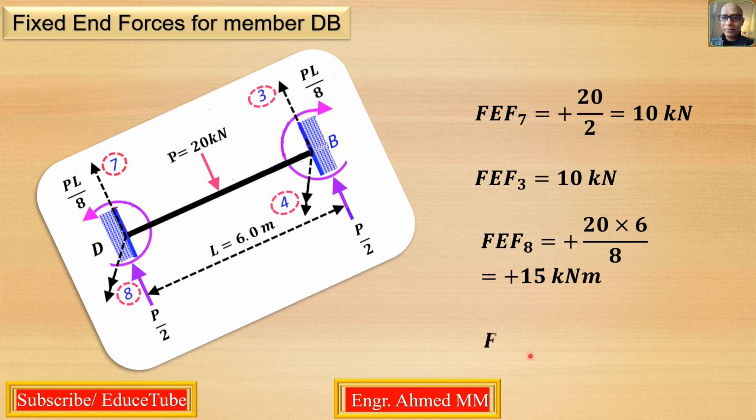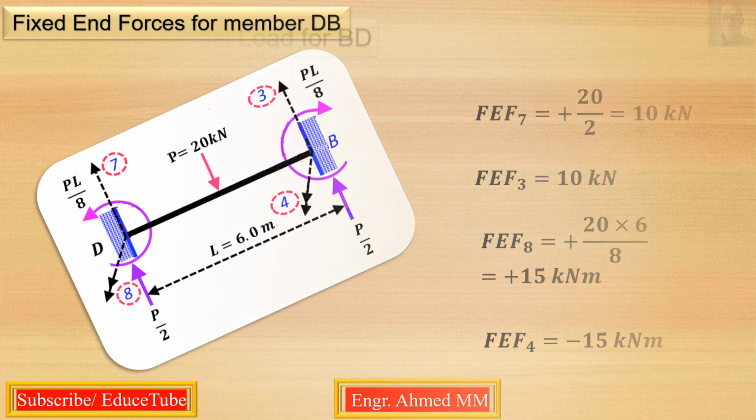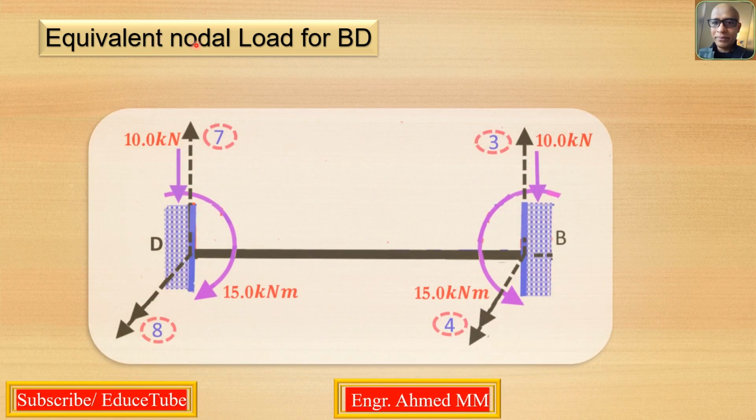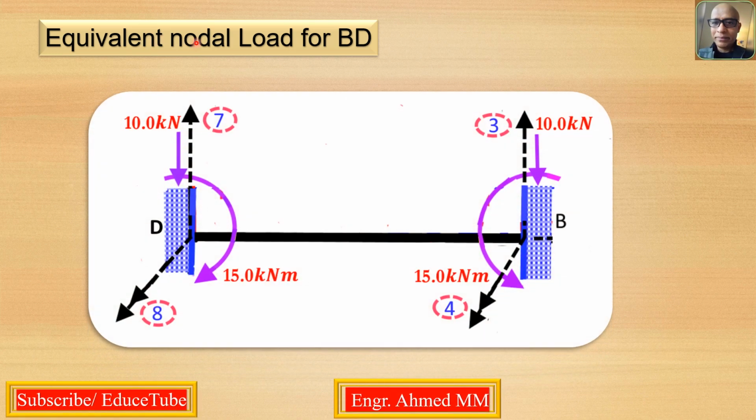So I got all the forces. Now equivalent nodal loads for BD. Same way we have to apply it: a set of forces equal in magnitude but opposite in direction.